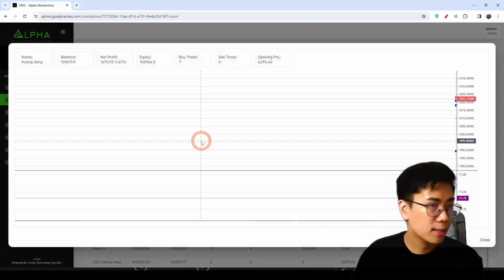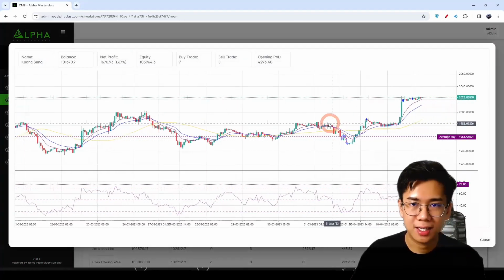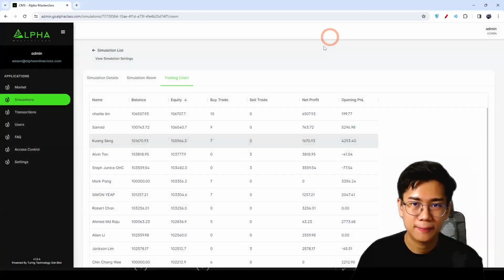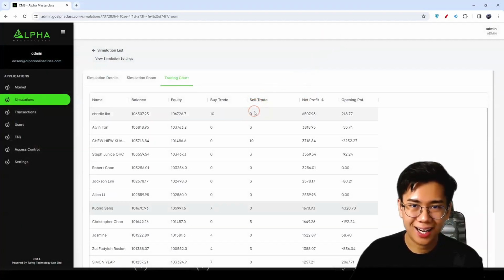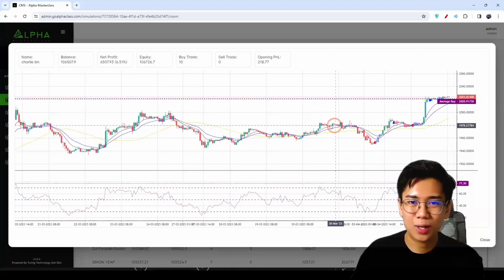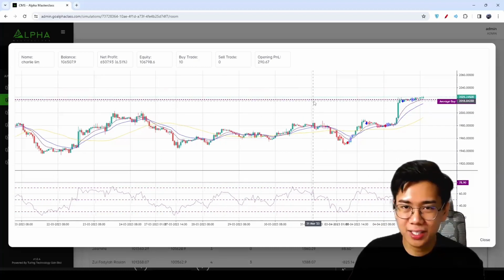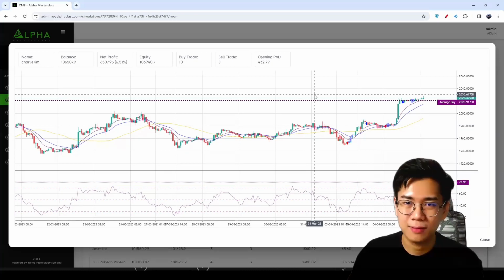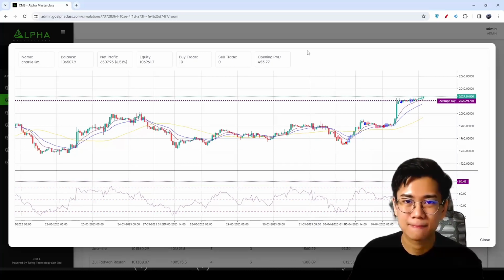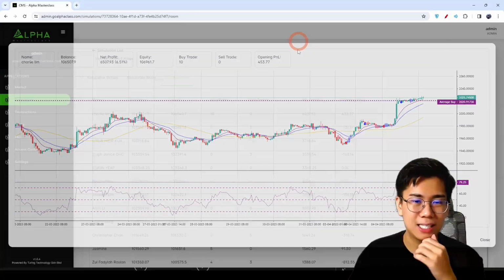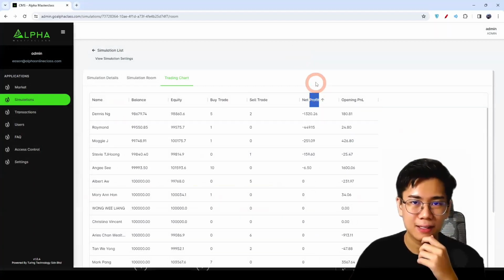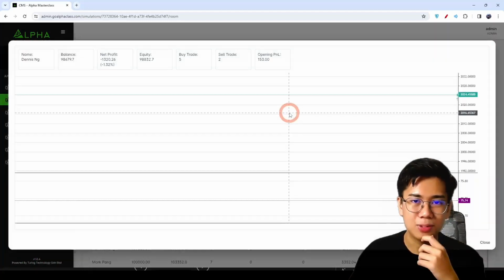Kwan Seng, this is what Kwan Seng is doing as well. Charlie is the first one making over 6,000 profit, having achieved the first 5,000 profit in the simulations. Alright, give it up. Oh, what happened to Dennis?